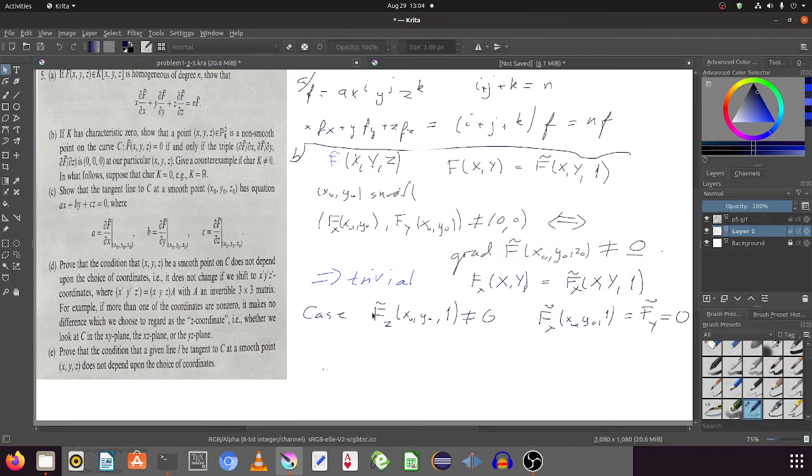So inserting this point, x times naught plus y times naught plus 1 times f tilde z at the point equals naught. So this implies f tilde z equals naught.